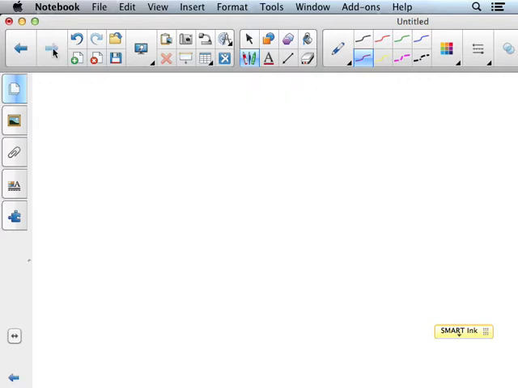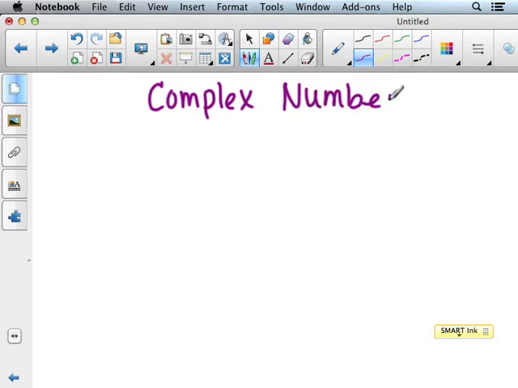So today we're talking about complex numbers. Well, what are complex numbers? Complex numbers are simply combining a real number with a pure imaginary number. We're going to draw a little tree here to illustrate how these all connect.